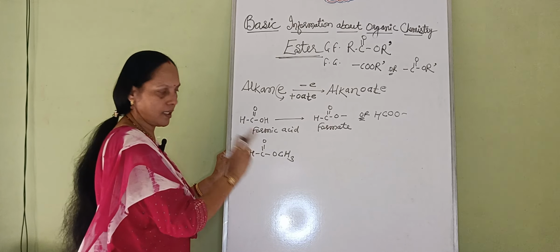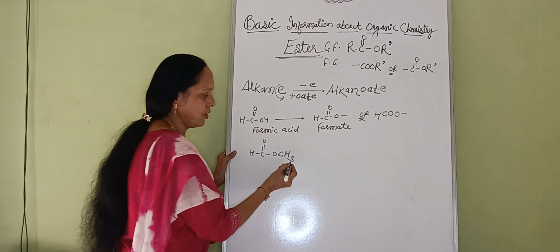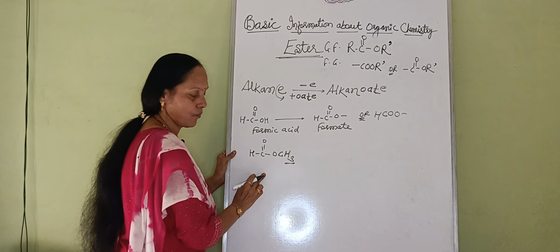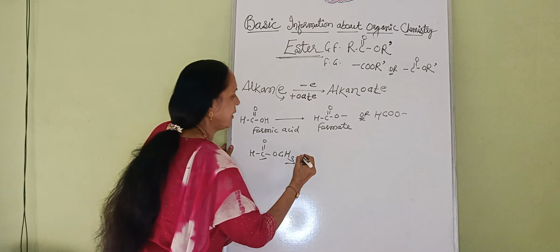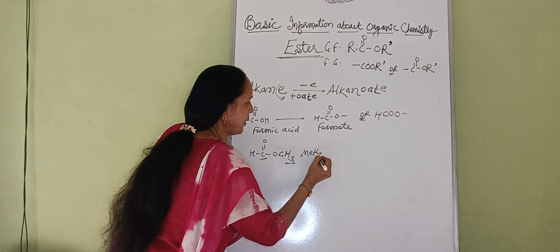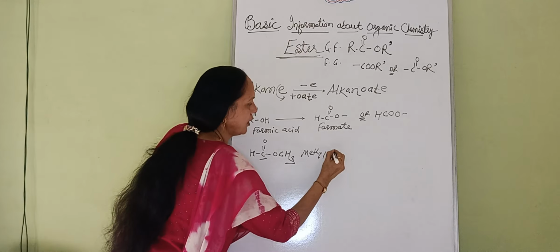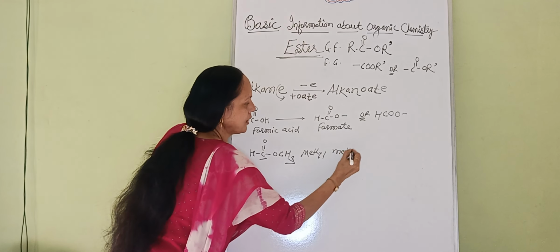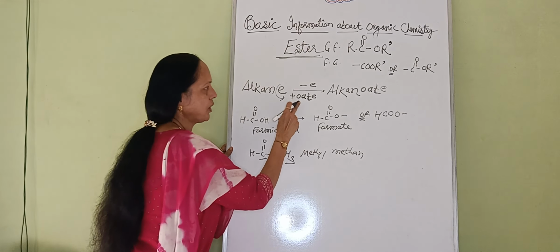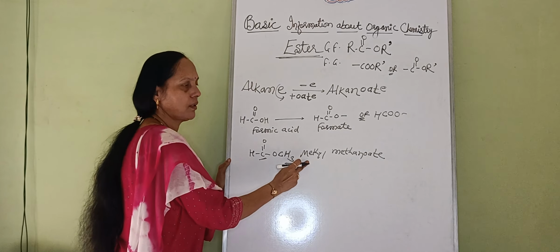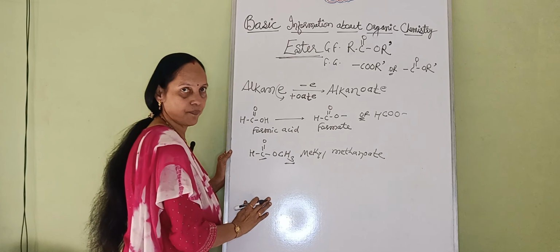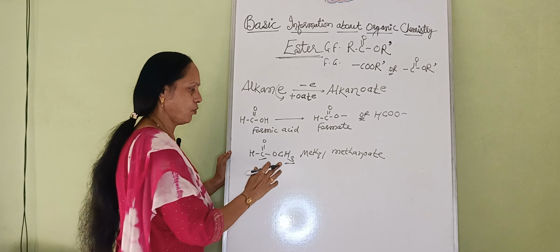So what is this compound? This is methyl, and this is methane, where the E should be replaced by OATE. So what is the compound? Methyl methanoate. This is the IUPAC name.